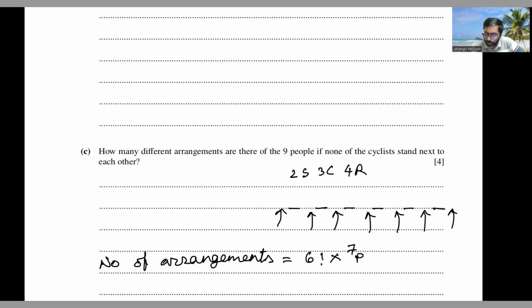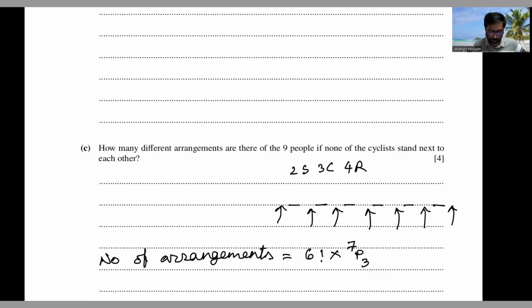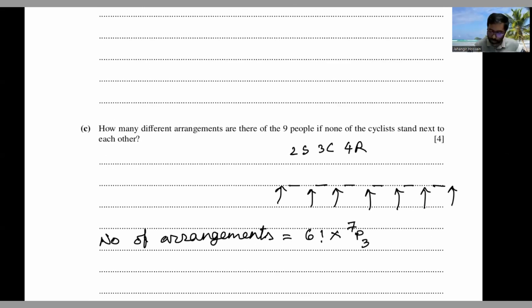Among them, we place three of them in 7P3 ways. So factorial 6 times 7P3 will give you the number of different arrangements where the cyclists will not stand next to each other. And that number of arrangements is 151200.